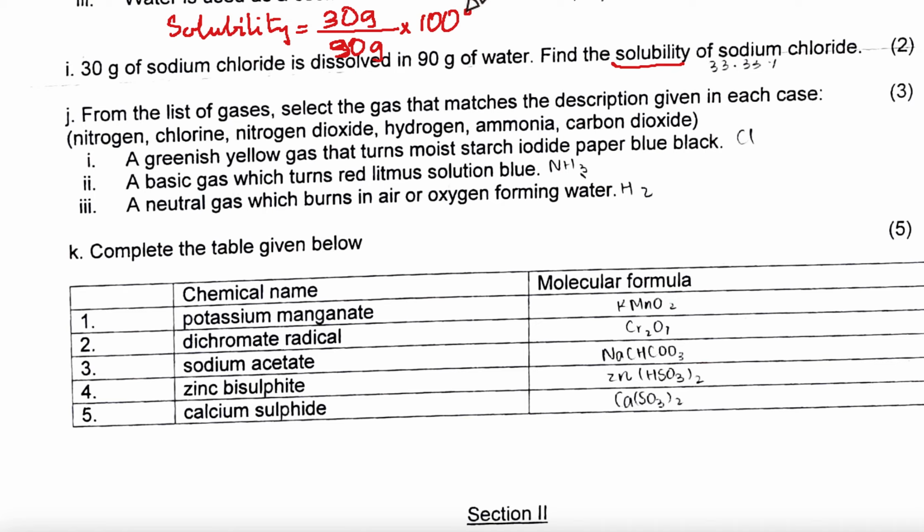Correct? So it will be 100 upon 3. Correct? Easy? Let us look at the next one.